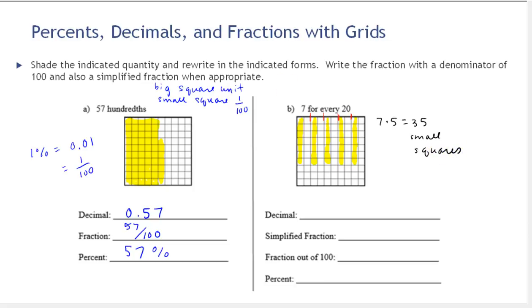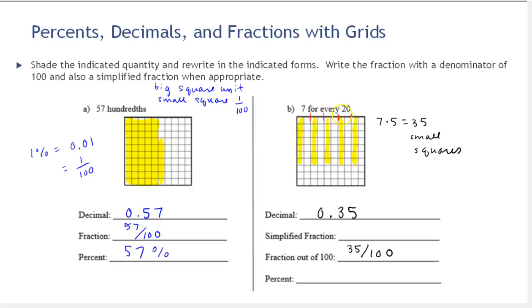And since each small square represents 100th, as a decimal, this is 0.35. First, I'm going to write the fraction out of 100, which is 35 out of 100. And the simplified fraction, we could actually read from the directions.